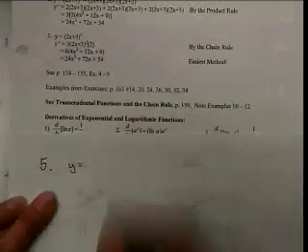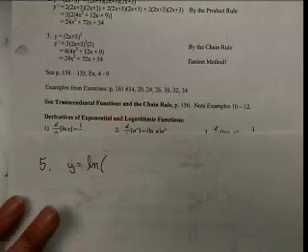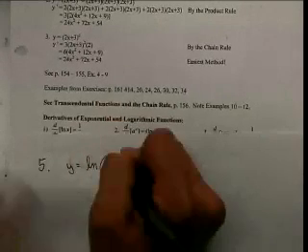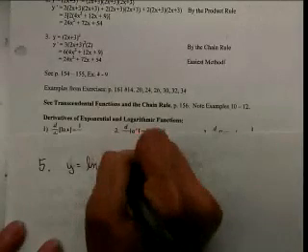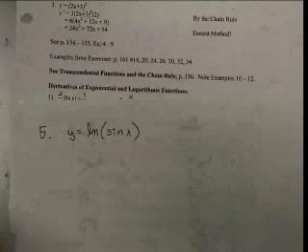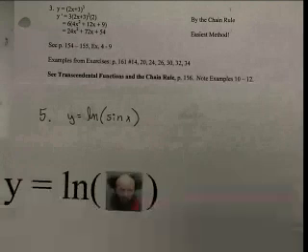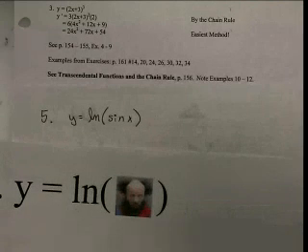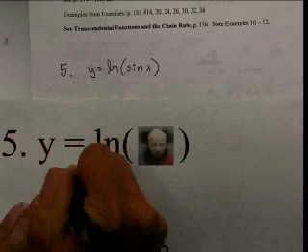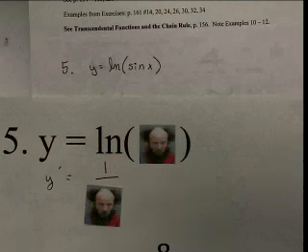Number 5. If you had y equals natural log of, let's say, making it bad again because it's coming in tonight's homework, sine of x. Natural log of sine of x. Natural log of ugly. The derivative of natural log of ugly is 1 over same old ugly times what?